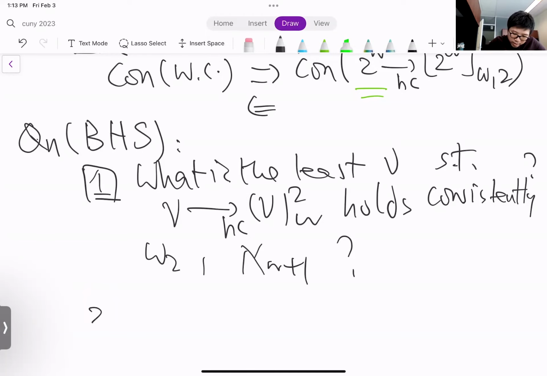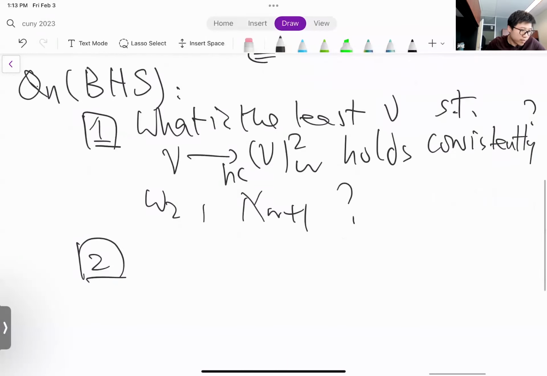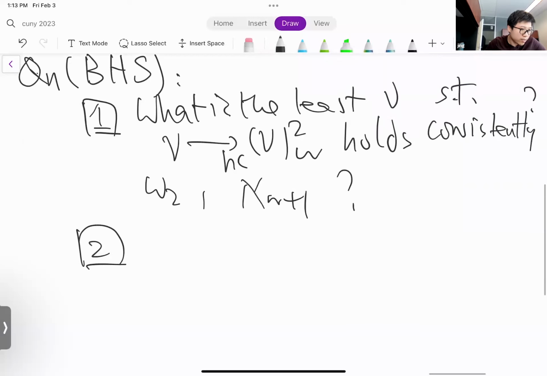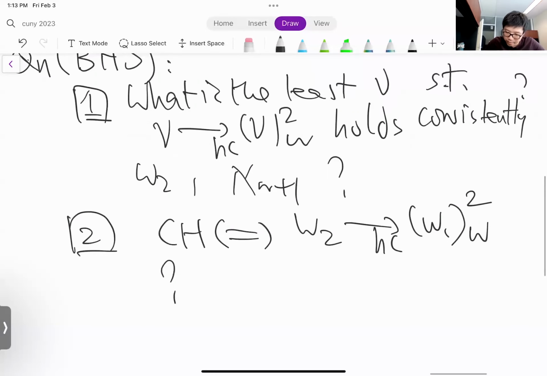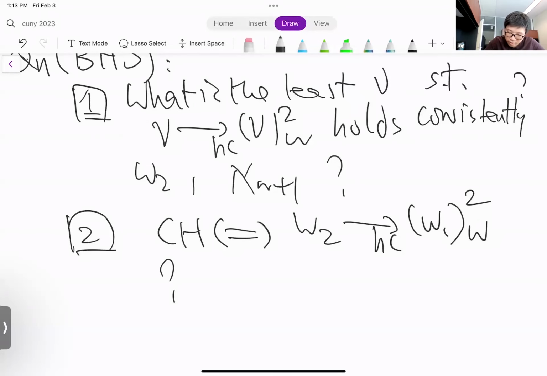And the second question, okay, so the second question I probably have less time to talk about, but they ask if CH is equivalent to this omega 2. Now, why is this a natural question? Because CH is actually equivalent to the Ramsey version, right? This is without HC.